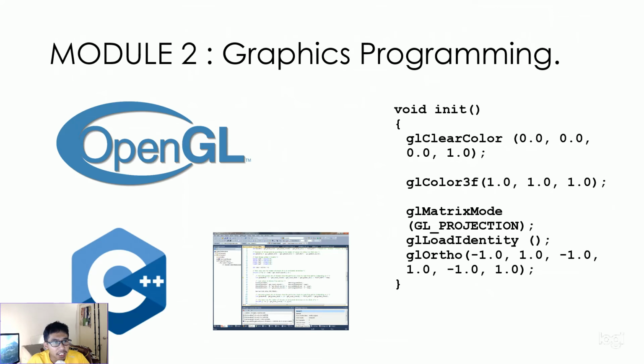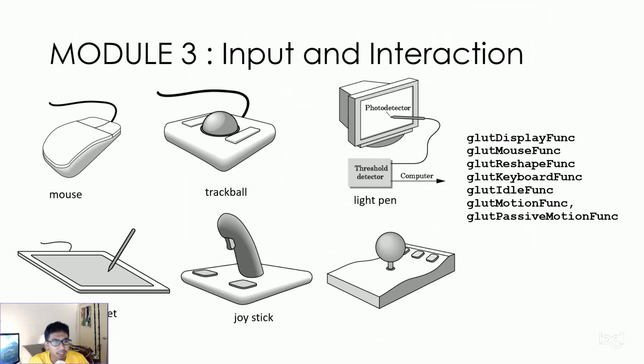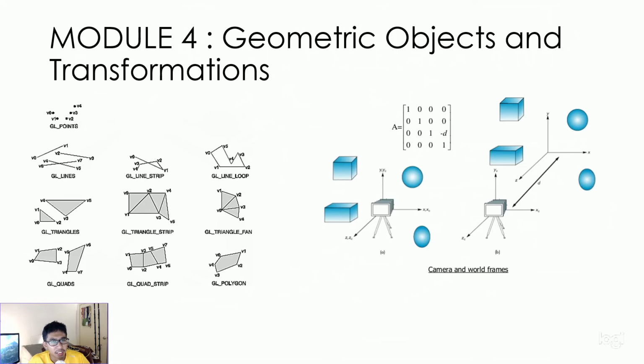Then we start with OpenGL and look at the commands used in OpenGL via C++. Then we look at input and interaction functions using OpenGL, such as the display function, mouse function, and so on. Then there is the introduction of geometric objects and transformation, where we look at the basic geometric objects that can be created using OpenGL.